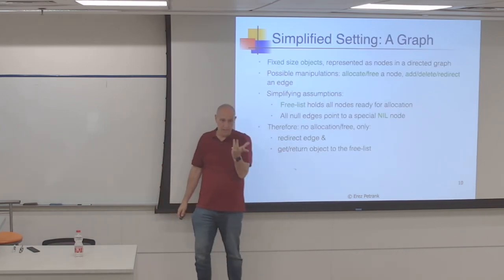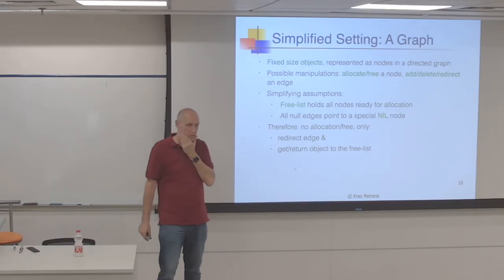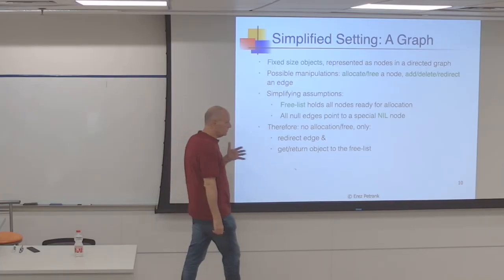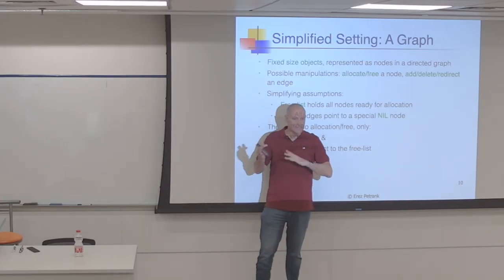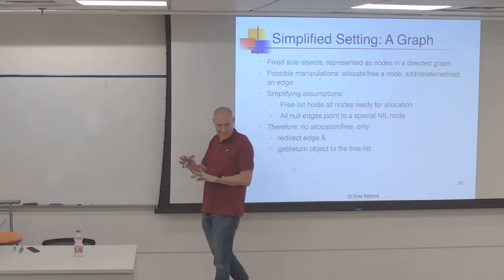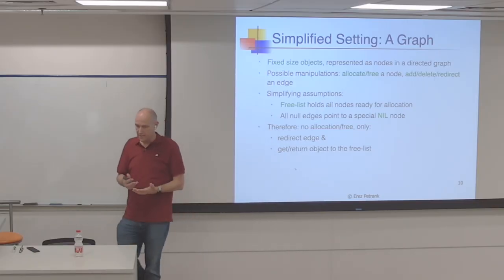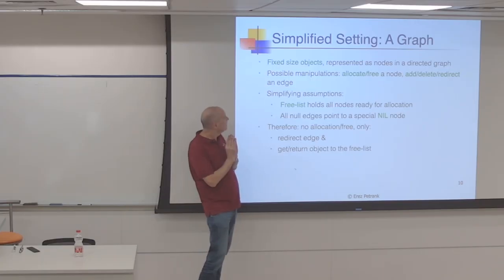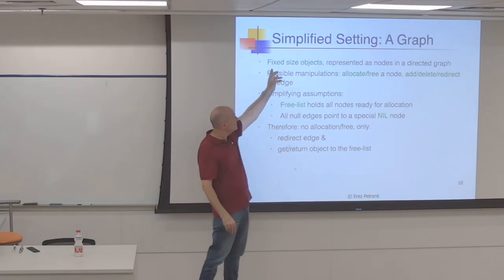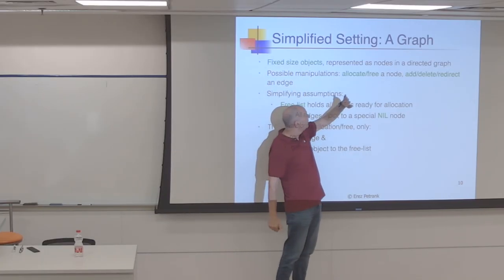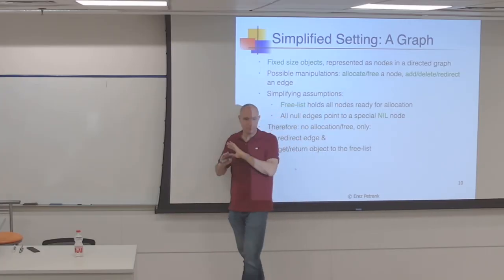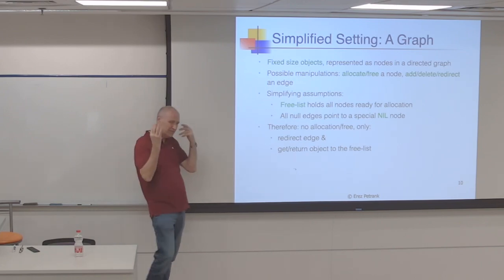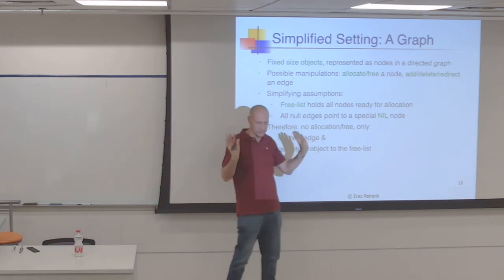Okay, so Dijkstra et al., these five authors, said we do not want to speak about all the practical issues that are less interesting for this exercise, and we want to abstract it all in a graph. So the way we'll do it, first let's talk about fixed size objects. All the objects are nodes in a graph, and they have 2 pointers. That's all. No integers, nothing else, just 2 pointers.